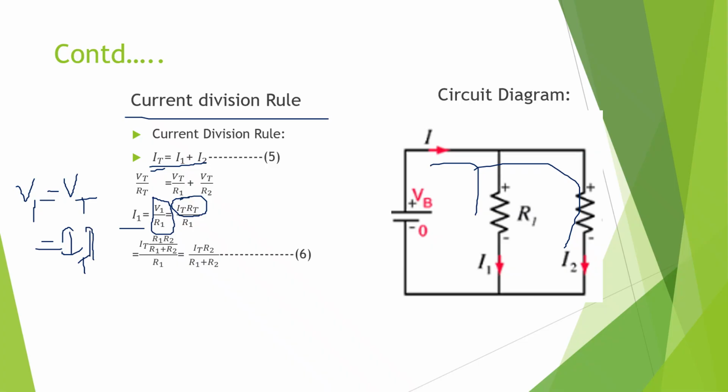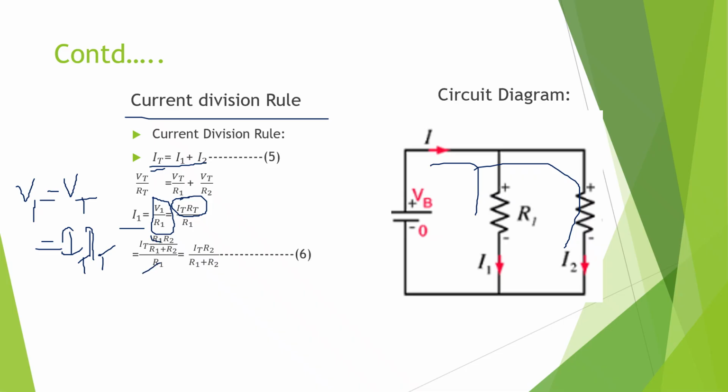So I am writing it as IT into RT. When you are writing it as IT RT, you keep IT as it is. We know from equation number 3, RT is equal to R1 into R2 by R1 plus R2. Now R1 and R1 get cancelled.